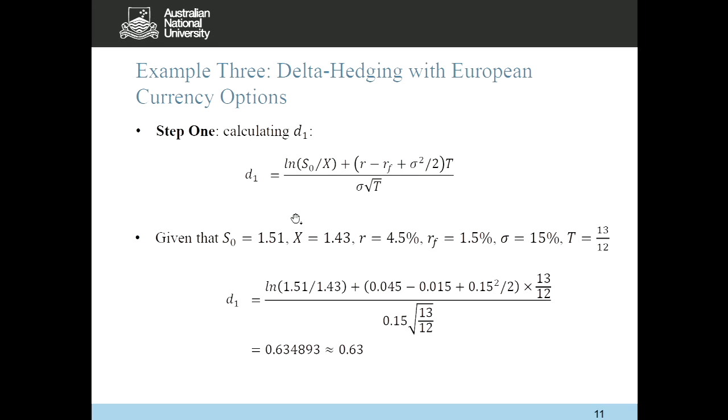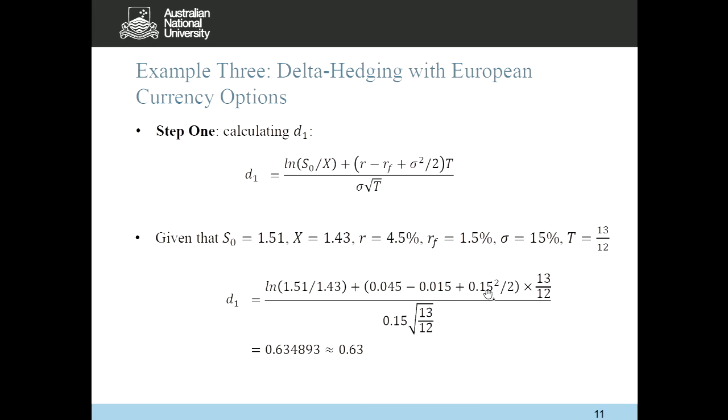So we know that we cannot use the regular d1. We're using the d1 for foreign currencies, so we're just subtracting the foreign risk-free rate from your domestic rate. And we know the spot price is $1.51, divided by the strike price, $1.43, and the rate in Australia is 4.5%. The foreign rate is 1.5%.